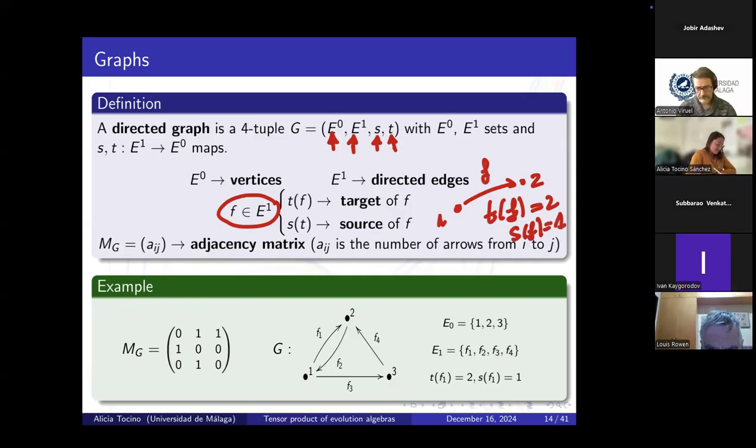Moreover, we have the adjacency matrix, which is filled with the number of arrows, or edges, that go from i to j.